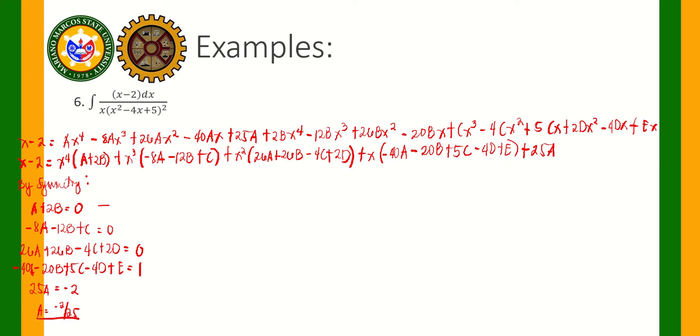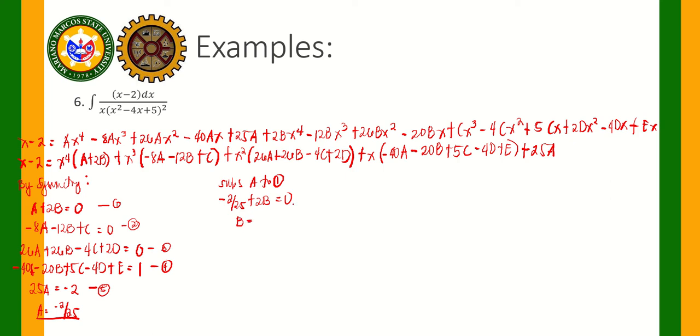So let this be our equation number 1, equation 2, equation 3, equation 4, and of course equation number 5. Now, we substitute A to equation 1 to solve for B. So this is negative 2 over 25 plus 2B is equal to 0.